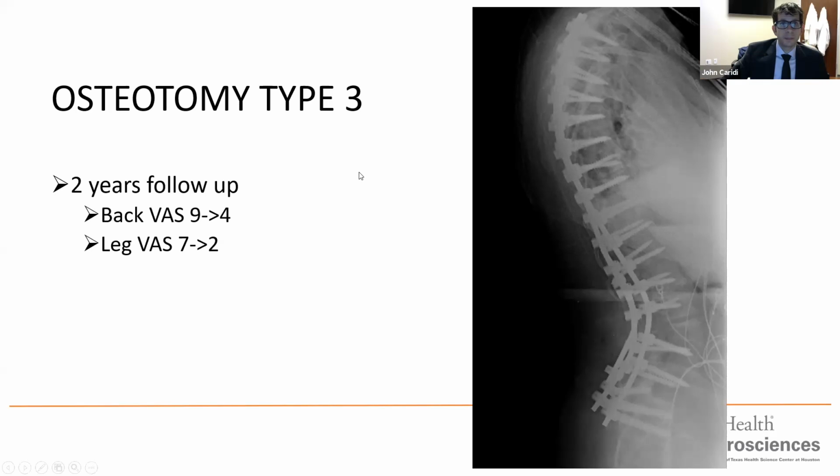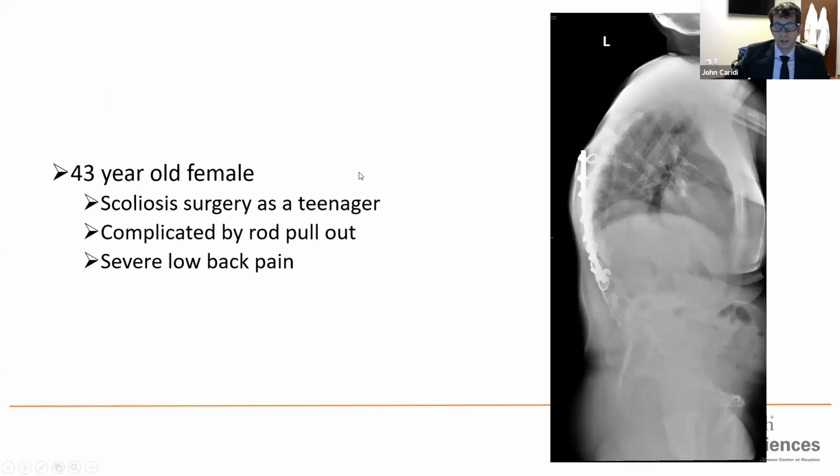So this is a lady who came to me. She's 43 years old. She had scoliosis surgery as a teenager. She told me that 2 weeks after her initial surgery, her rod had come out basically through her skin.